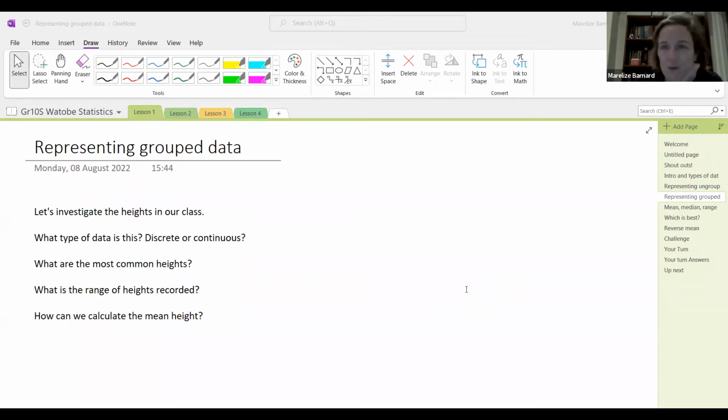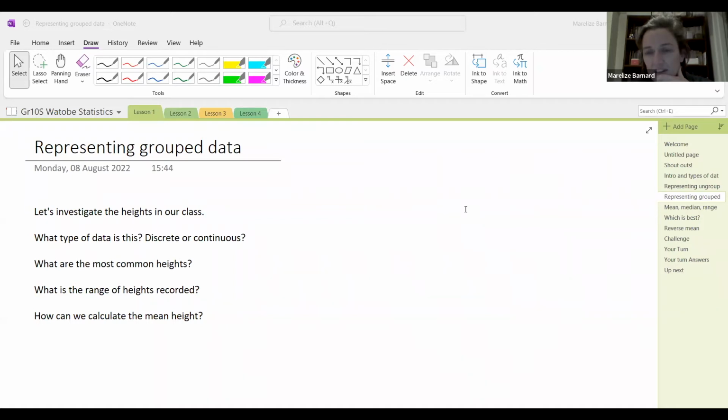Okay, so we're now basically analyzing our data. Second of all, what kind of data is this? Is it discrete or continuous? Can anyone post in the chat for me? Discrete or continuous data? We are working with height. Continuous. Does anyone say anything else?